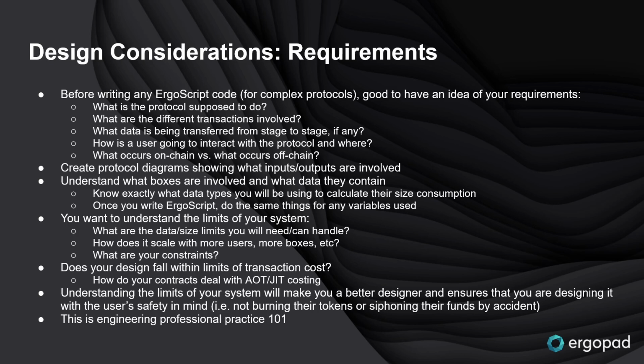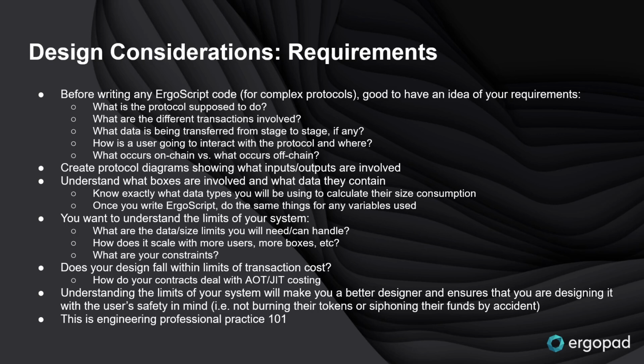How is the user supposed to interact with the protocol, and where? Since in some sections, a user needs to send money to some contract, and then in other sections the protocol is just happening by itself, and there's no user involved. And then what needs to happen on chain, in Ergoscript itself, and what are you going to be doing in the off-chain code?